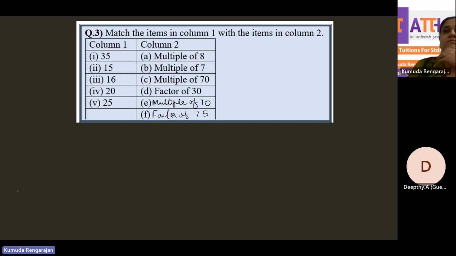Okay. So what can you say about 35? 35 is a multiple of 7. Deepthi finished writing?